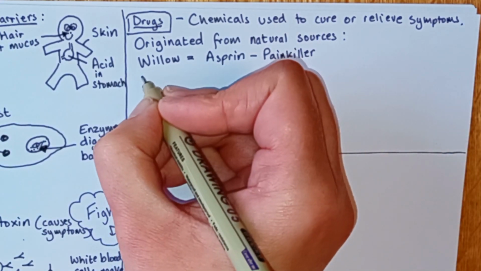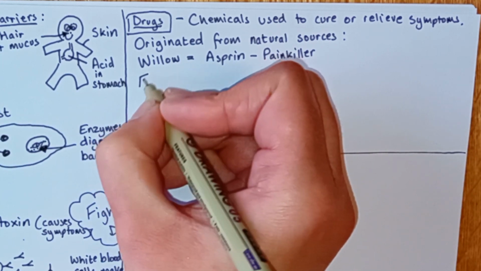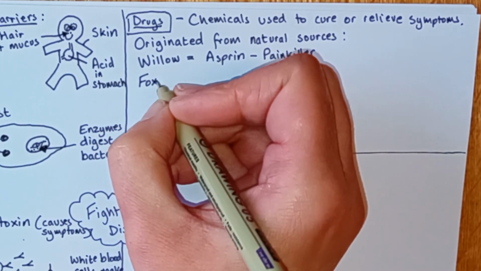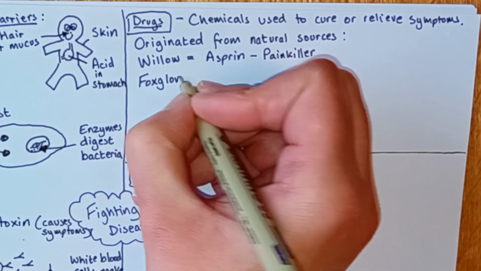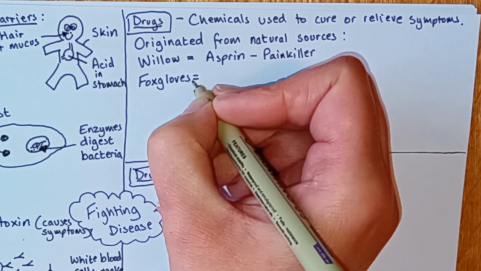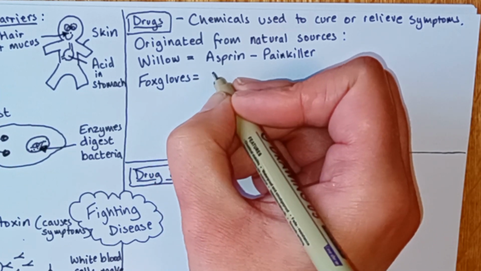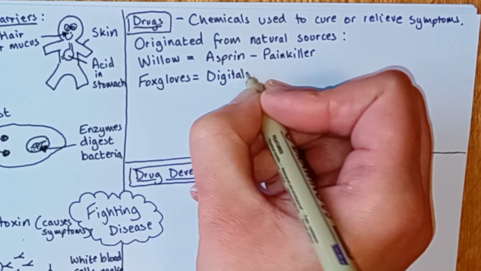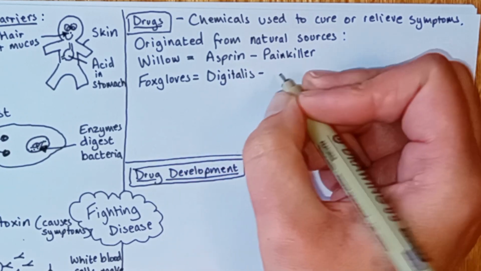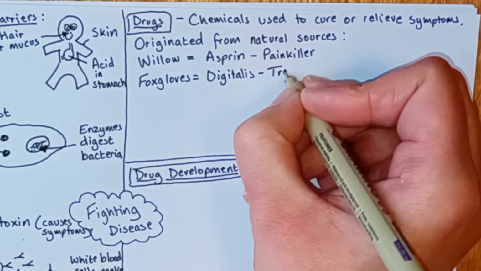Another type of plant that was used were foxgloves. They're long strands of purple flowers. They grow quite tall. And their leaves, and the flowers actually, contain different forms of a drug called digitalis. And digitalis is used to treat heart problems.